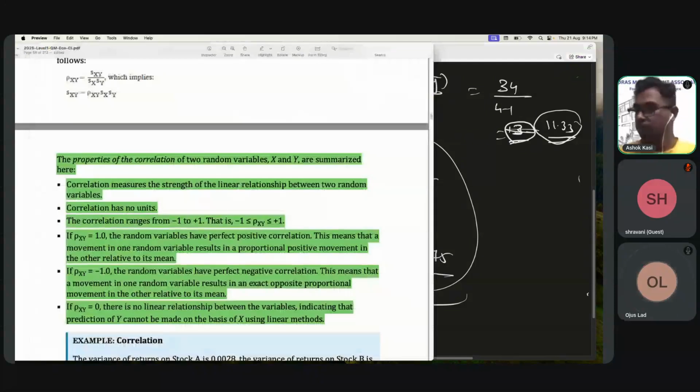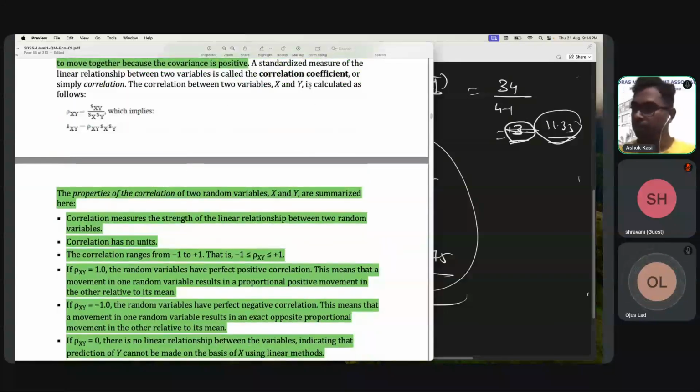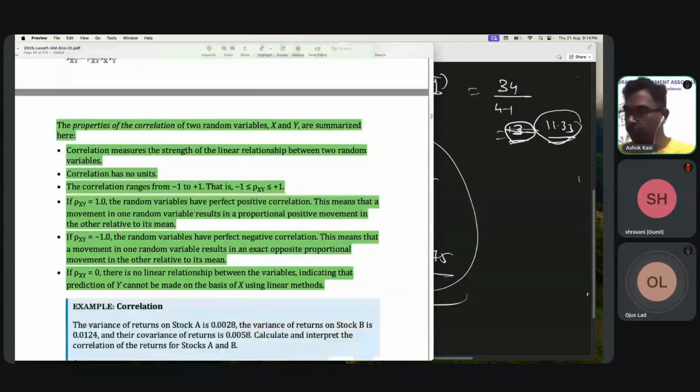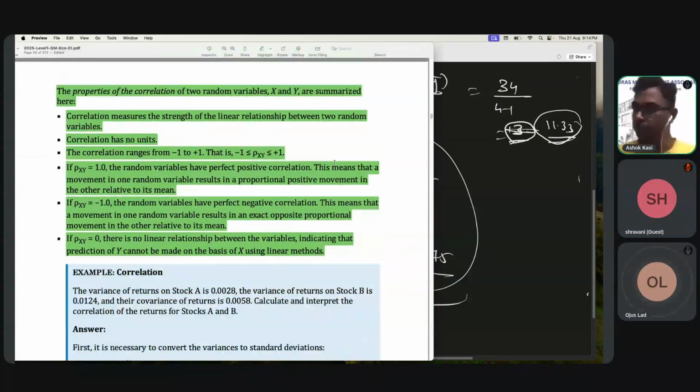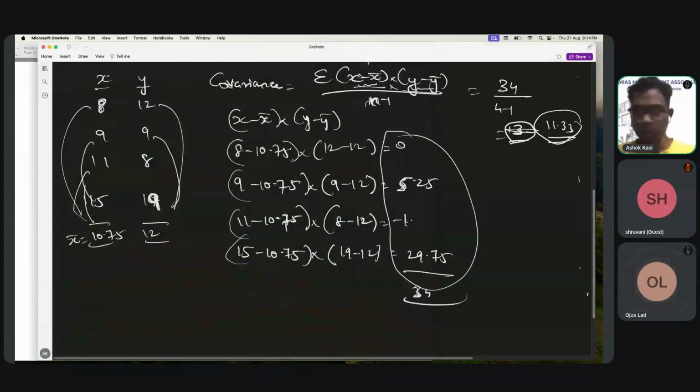So not only direction, now it is telling you the strength of that direction. First we will do the sum, then you read this. Next one is correlation.